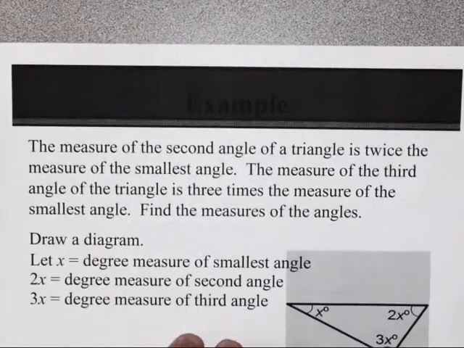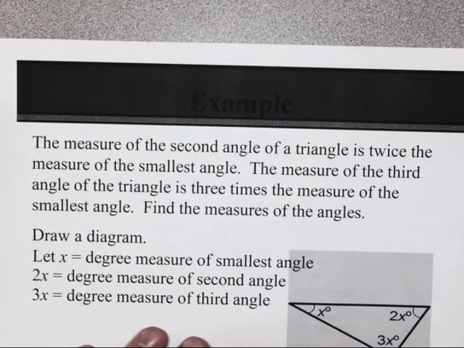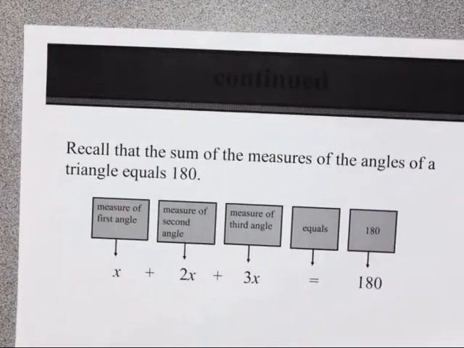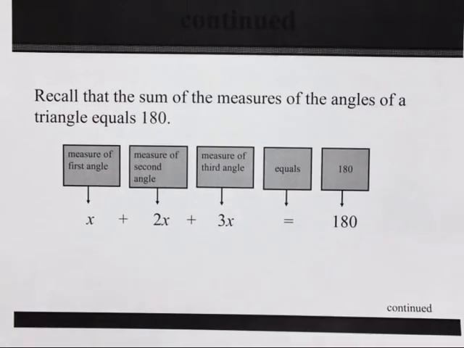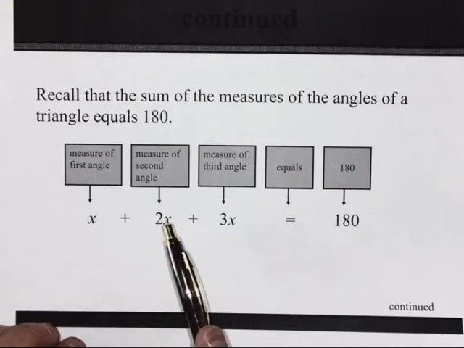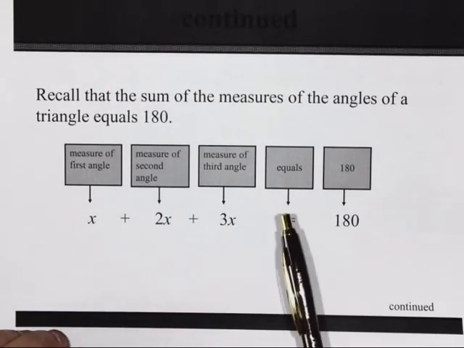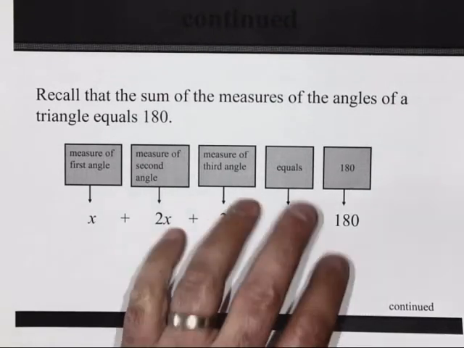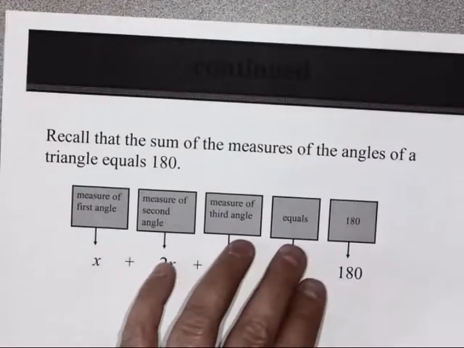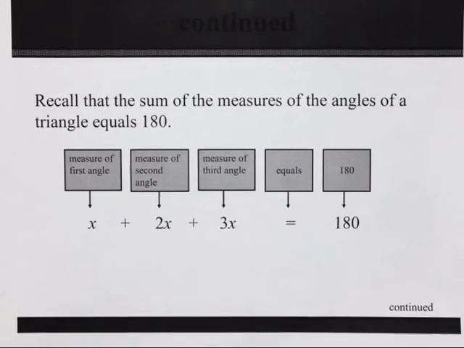So then we can set up an equation from here, because we know that from geometry all of the angles summed together of a triangle equal 180. So the smallest angle plus the second angle plus the third angle equals 180, and then we can solve that for x.